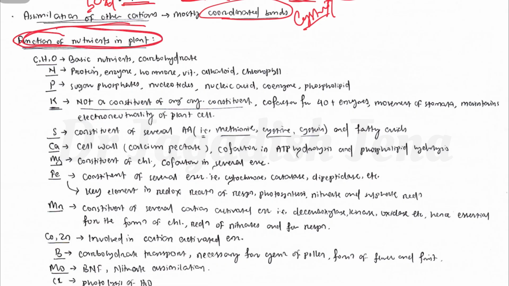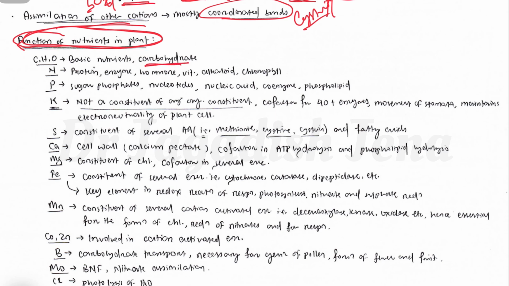Every nutrient has some assigned function. Suppose we are talking about carbon, hydrogen and oxygen. As we have already discussed, these are called basic nutrients. Their constituent is around 95 to 96% in the plant dry matter. These form basically carbohydrates. What is the formula?